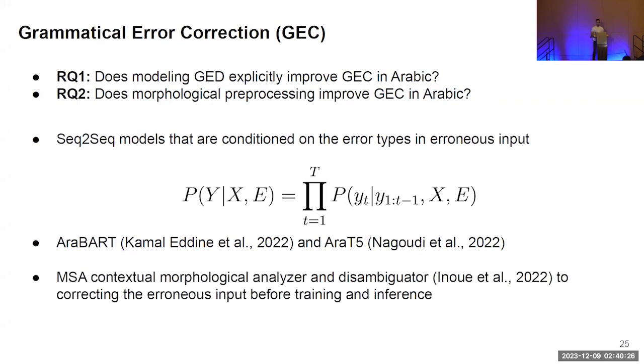To answer the second question, we make use of the recently developed contextual morphological analyzer and disambiguator to correct the erroneous input before passing it to the sequence models during training and inference.